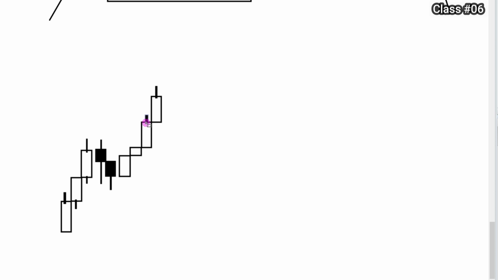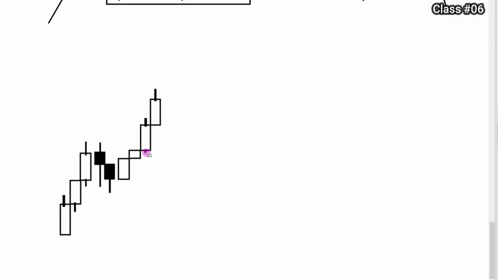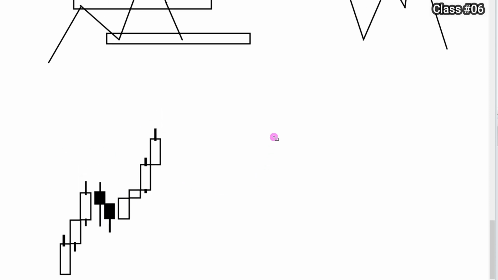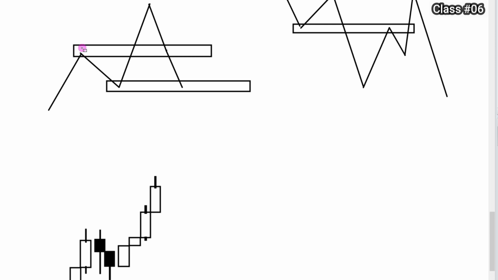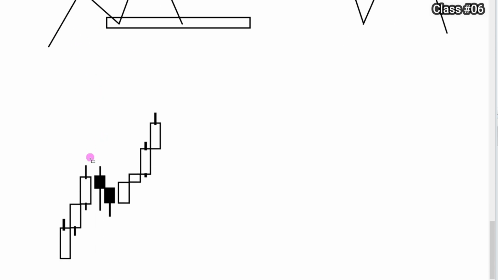So how can we draw our first break and retest zone at this previous higher high point? We'll start drawing the zone from the closing body of this candle to the upside at the tip of this higher wick. Okay, so in this way we can draw our break and retest zone.